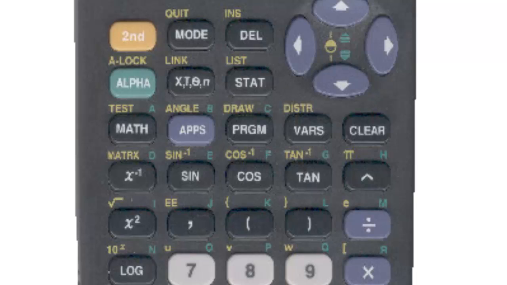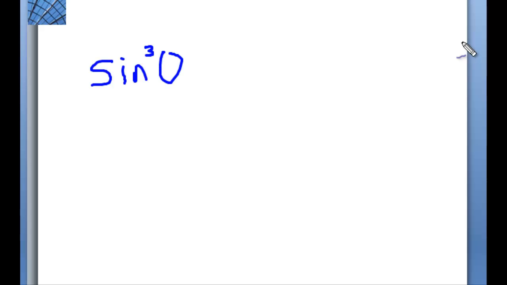Another thing to be careful about with the calculator is when we are writing out trig functions, if we want sine cubed of theta plus cosine cubed of theta, this is a shorthand that we would write it out.